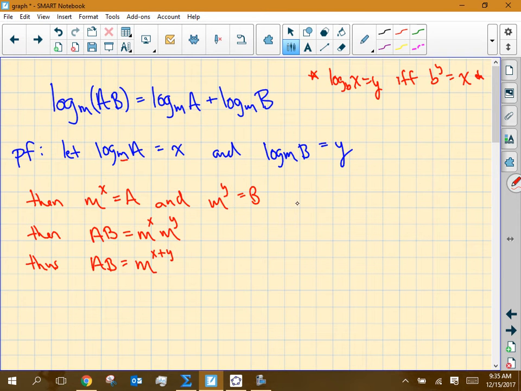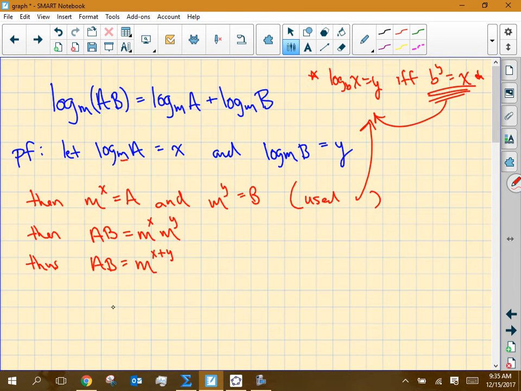Okay? Now, here we used the definition to change to an exponential. Now, at this point, with this exponential, let's use the definition again to go back to a logarithm. If I go back to a logarithm, okay, so now we're on this side here, and we're going to go back to a logarithm.